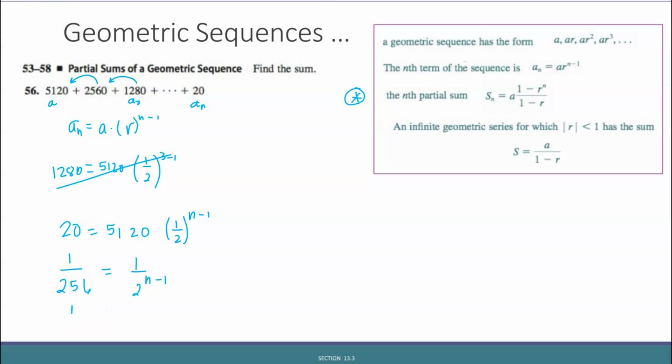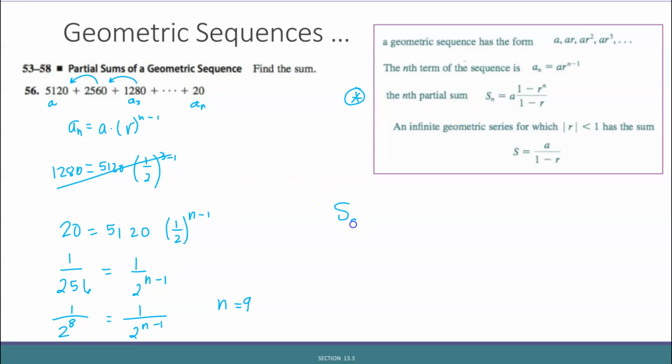So let's rewrite 256 as 2 to the 8th power. Then this is equal to 1 over 2 to the n minus 1. What do we know n has to be? n would have to be 9, because 9 minus 1 gives us 8. All right, we're ready for our sum, the nth partial sum.